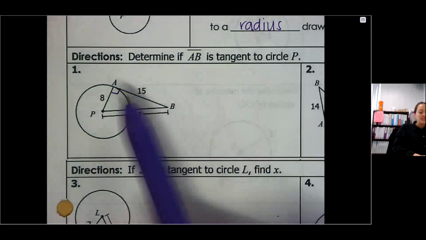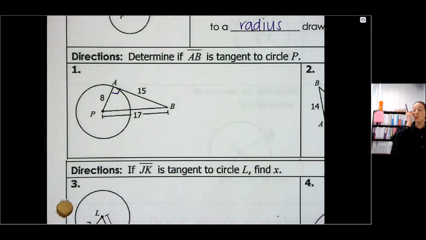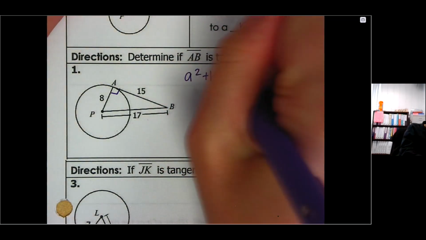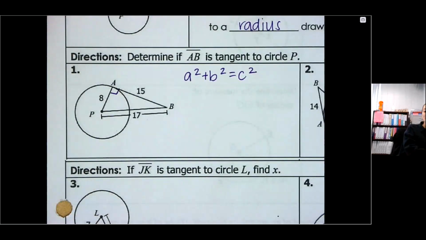Now, if this is a right triangle, which formula are you allowed to use to solve for sides of a right triangle? Good job. The only one that's important is the C. Which one has to be the C?